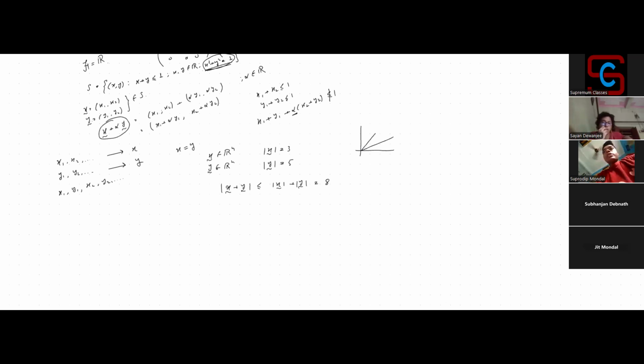Then when will this 8 appear? When it is maximum. The minimum value should be 5 if x and y are the same direction. The minimum length should be 5. Can you prove that?